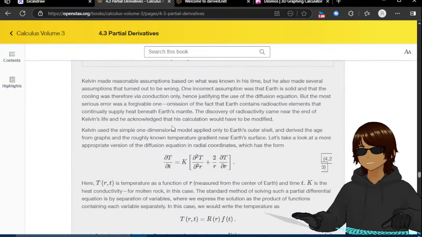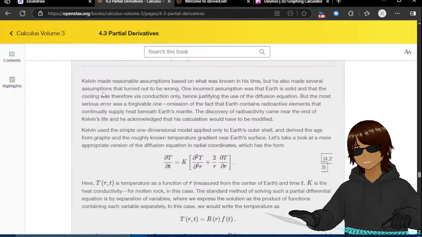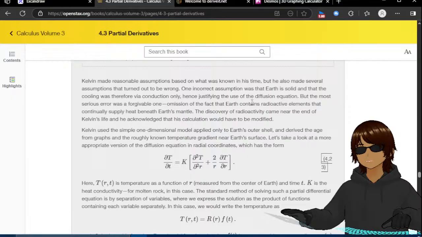Kelvin made reasonable assumptions based on what was known in his time, but he also made several assumptions that turned out to be wrong. One incorrect assumption was that Earth is solid and that cooling was therefore via conduction only, hence justifying the use of the diffusion equation. But the most serious error was a forgivable one: omission of the fact that Earth contains radioactive elements that continually supply heat beneath Earth's mantle.